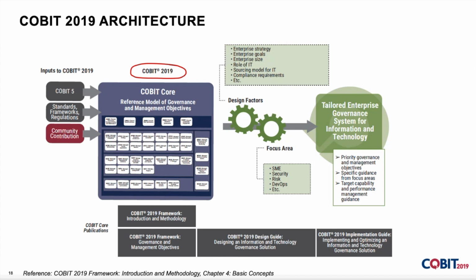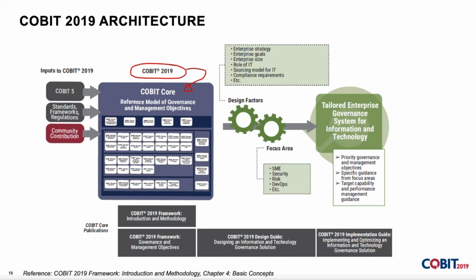This COBIT 2019 methodology is primarily based on what is known as the core of COBIT, the framework with those 40 different governance and management objectives. We'll do a quick review of those elements as well. Note that COBIT 2019 is not something new in the sense that there have been many versions of COBIT previously.